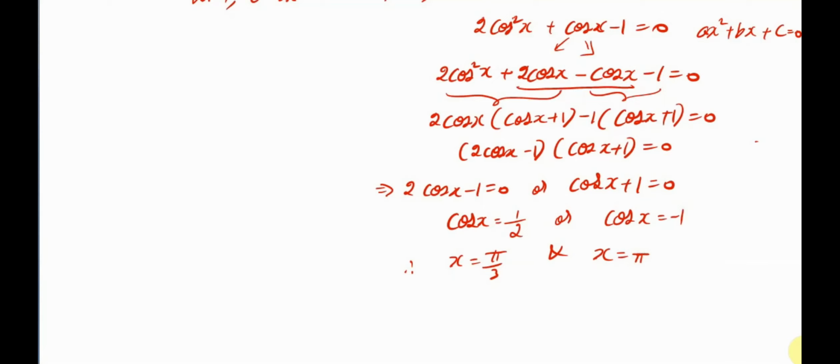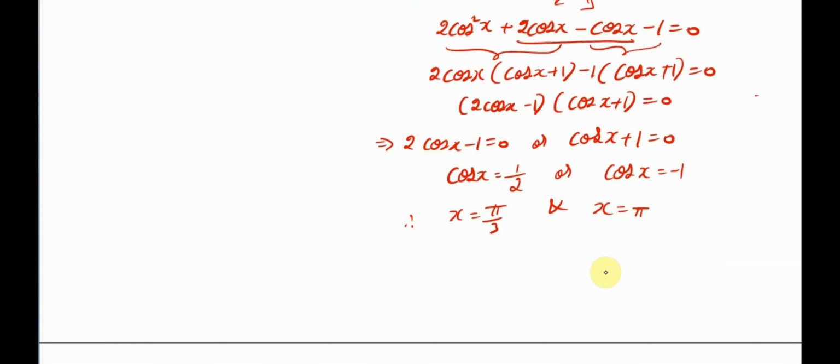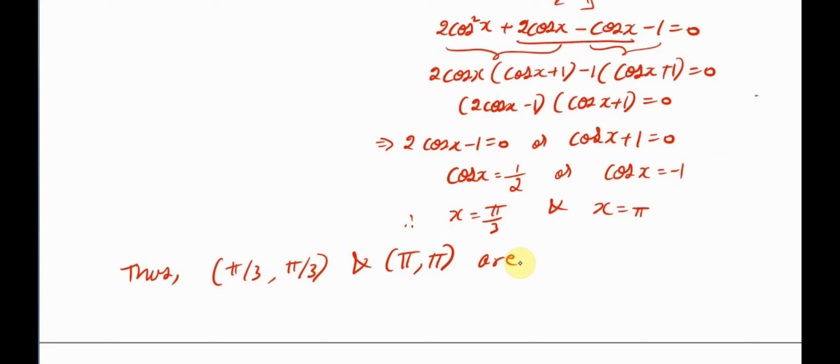So we get two roots: pi by 3 and pi, which are the stationary points.